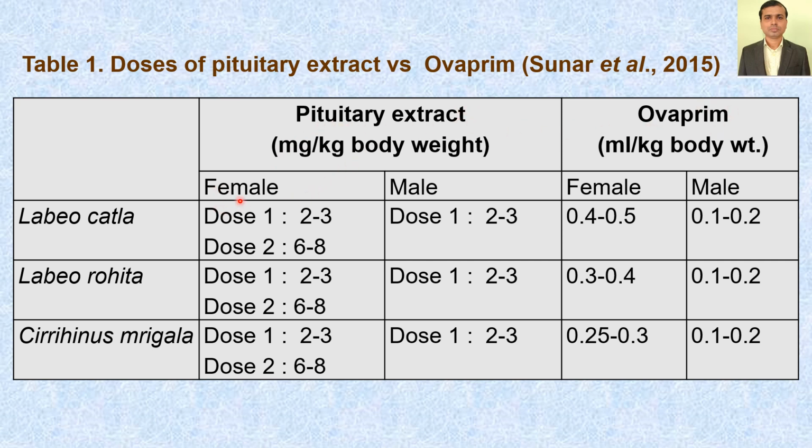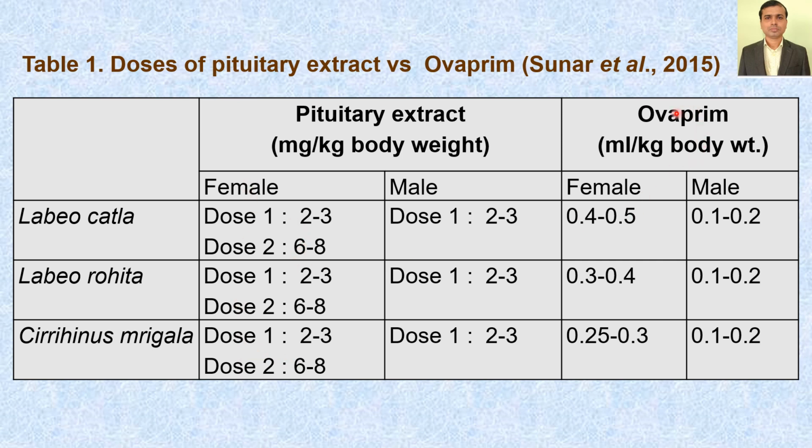For breeding of females of Labeo catla, Labeo rohita, and Cirrhinus mrigala, a preliminary dose of 2 to 3 mg per kg body weight is used and a higher or second dose is 6 to 8 mg per kg of body weight. That means 2 doses are required for inducing females for breeding.